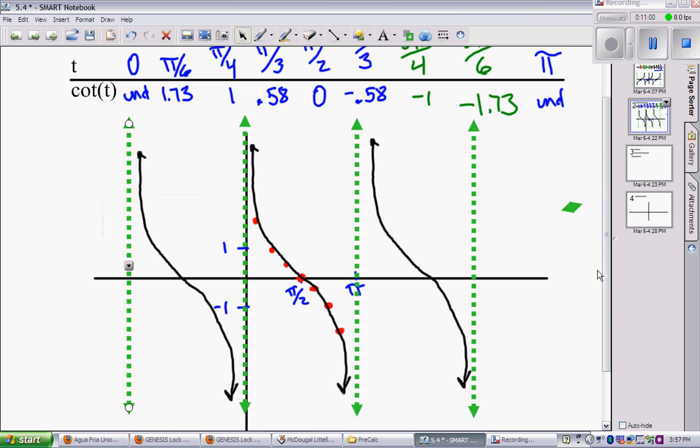There we go. And there we have the graph of cotangent of x, or t.